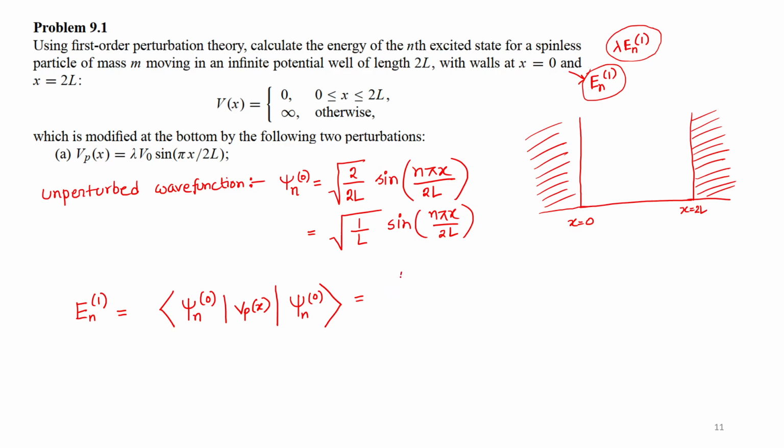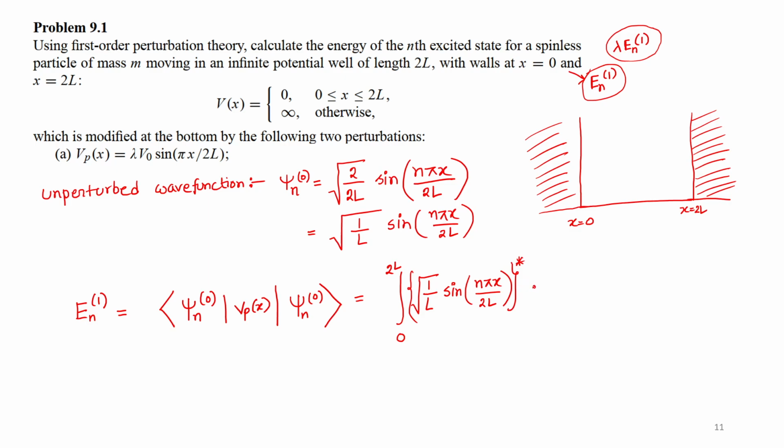I'll write it in integral form. Okay, so your integral limits are 0 to 2L, right? Then there is 1 by root L sine n pi x by 2L, which is itself a real function. Still, let me write the complex conjugate of this, which would be equal to itself.